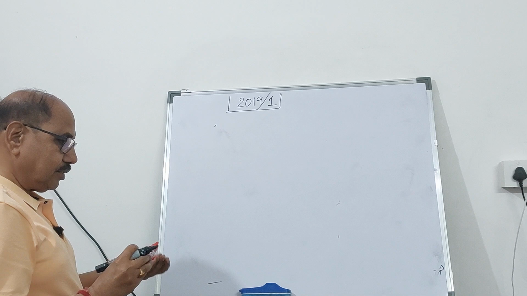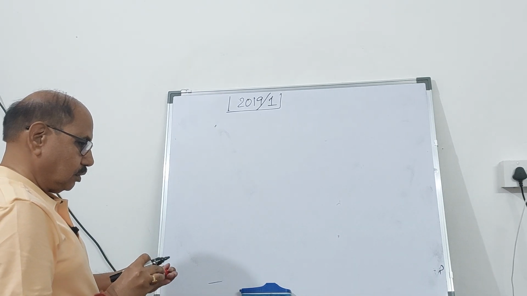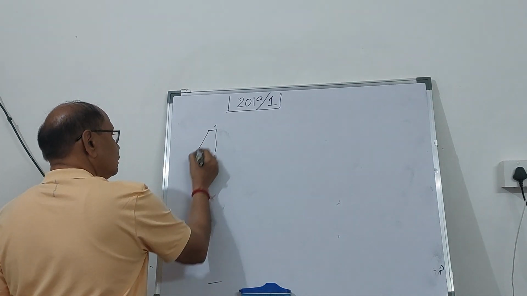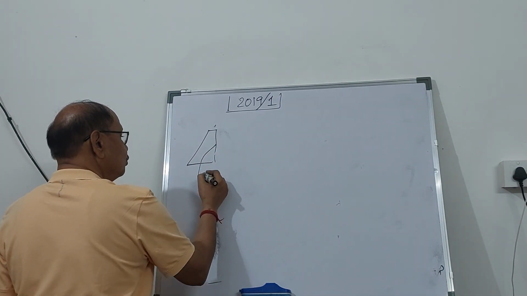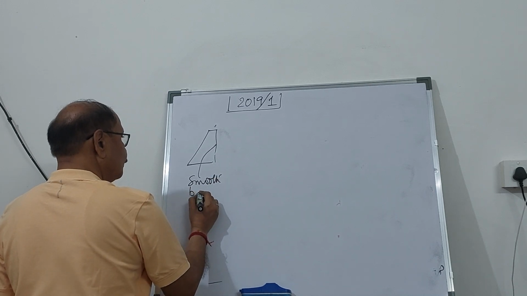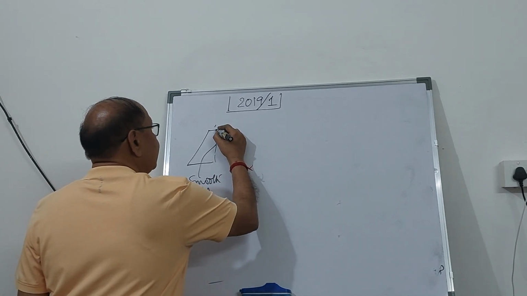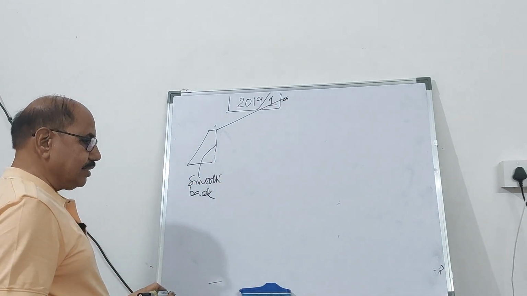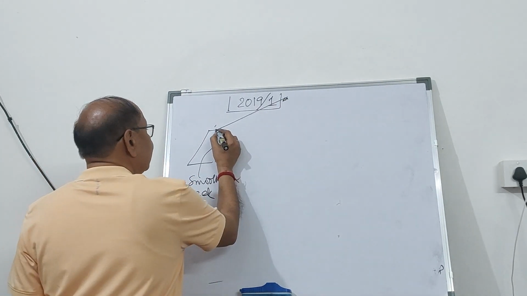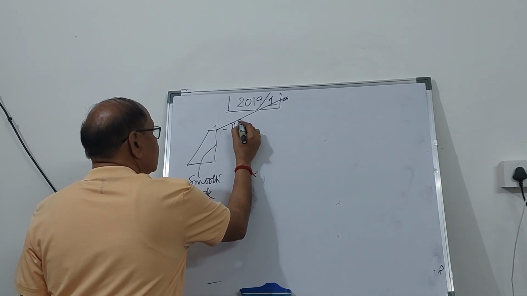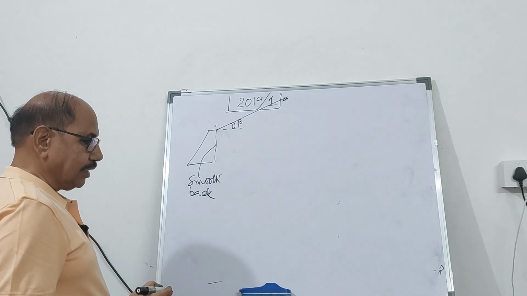What does this problem say? You have a wall and the back is smooth, and the backfill is inclined with the horizontal at an angle beta as shown in the diagram.